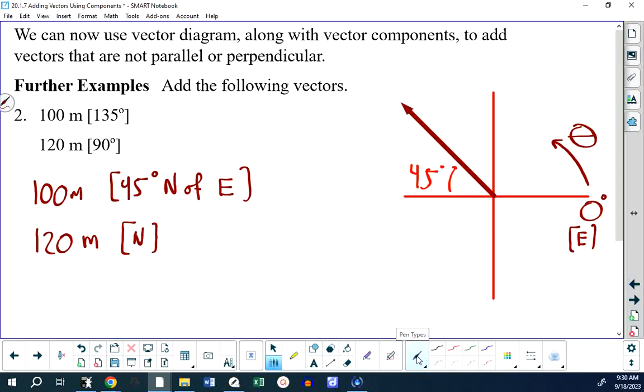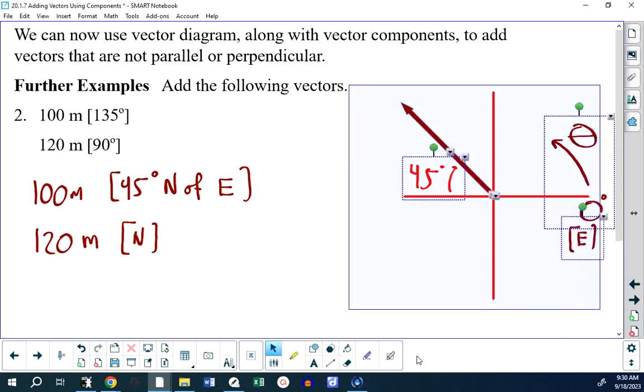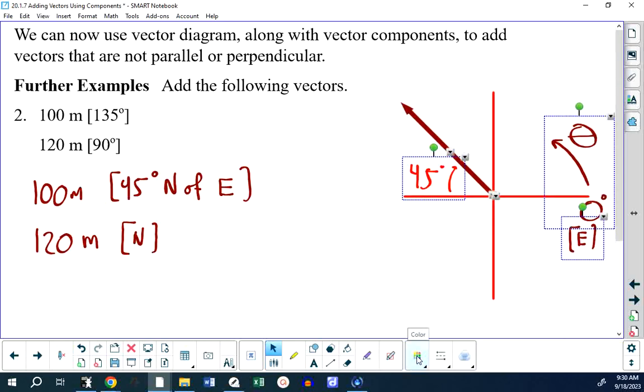Well, what you do then instead is what we're going to do today. We write x and y components for each of these vectors. I'm going to get rid of this other stuff. It's just in the way. Quite frankly, I don't think many of you needed to write it down.